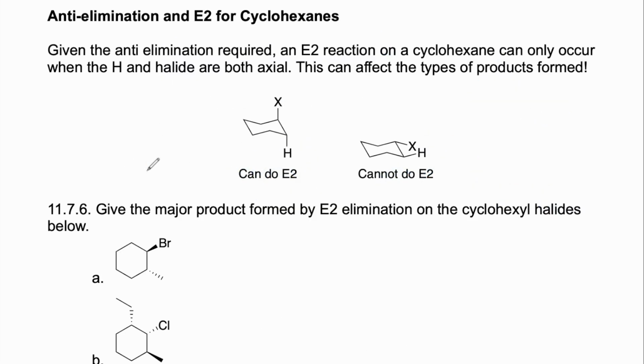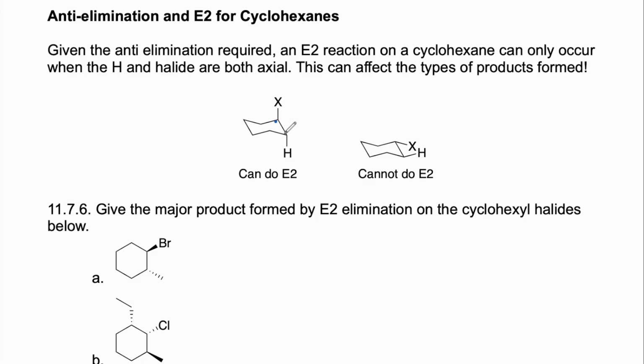For cyclohexanes, we can't rotate the E and Z isomer of product that forms like we can with a straight chain. What we have to do is decide whether either neighbor can be picked on. So when you're looking at the carbon that has the leaving group, then the neighbor carbon that you want to pick on is one that can have the hydrogen on the opposite side of the ring.